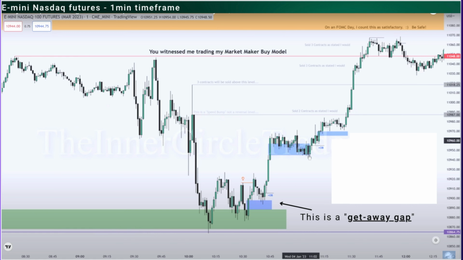That fair value gap, which is a BISI, is a getaway fair value gap. Please, guys, notice something. When there is a BISI, after it there is a bullish movement of the price. The price touches back into the fair value gap and keeps going higher. So BISI means bullish price movement when the fair value gap is respected.